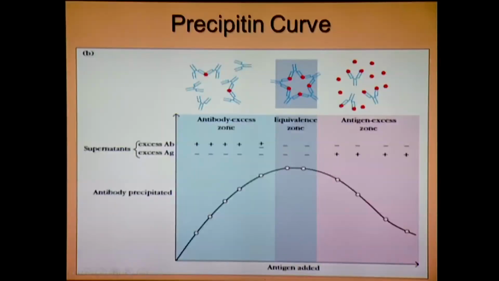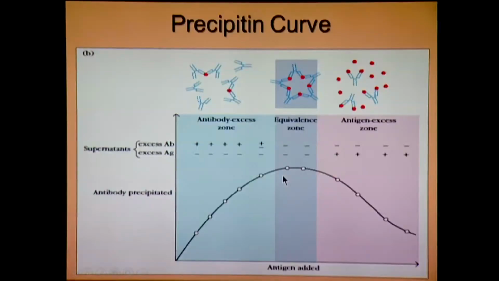Looking at the precipitin curve for any antigen and antibody, we can find out the concentration where precipitation starts and where precipitation ends. This zone is called the equivalence zone. So if we keep the concentrations of antigen and antibody within this zone, we can see precipitation.